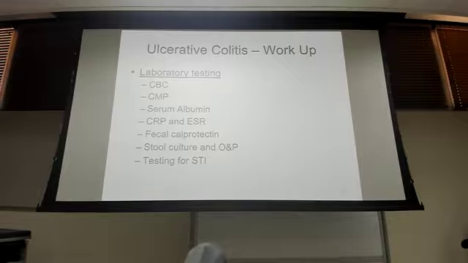Because it's some type of inflammatory diarrhea, because there's blood in it, so we need to rule out other causes, which we discussed last week, that could be causing their bloody diarrhea. Remember the O&P looks for the eggs or the actual bugs themselves when we talk parasites, and then we need to do STI testing. So you're ruling out that something else isn't going on.